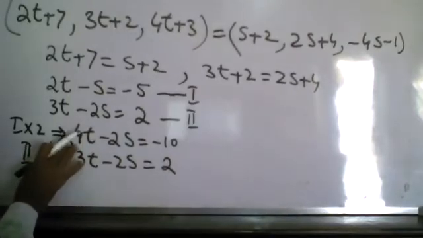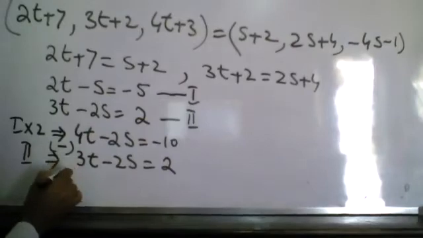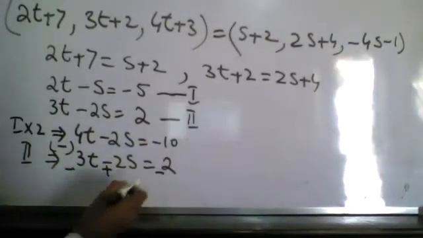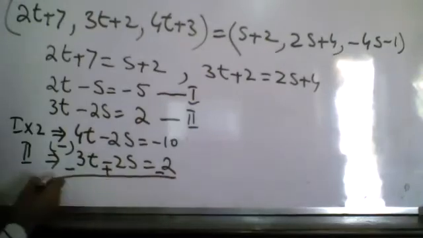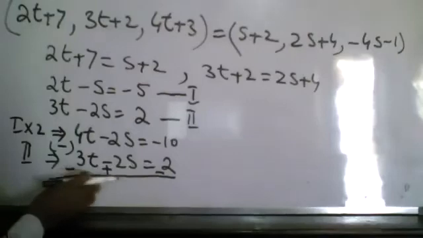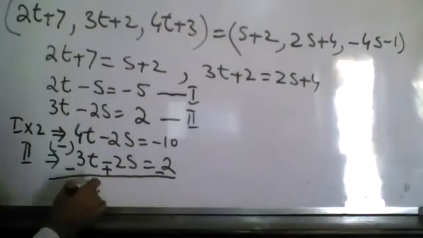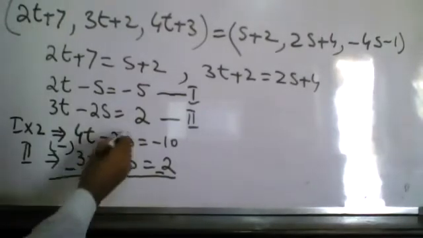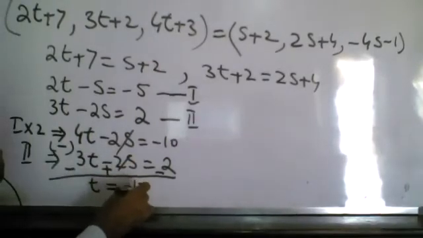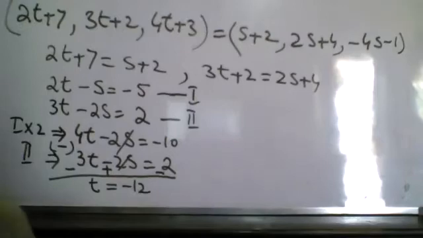In subtraction, the sign is changed. So this is minus, this is plus, this is minus. So it will become t, this cancels, and it will become minus 12. So t is minus 12.